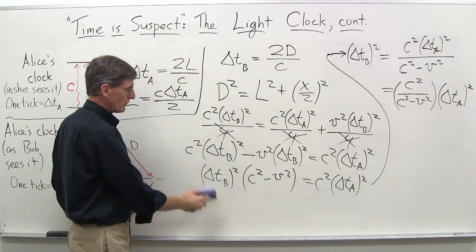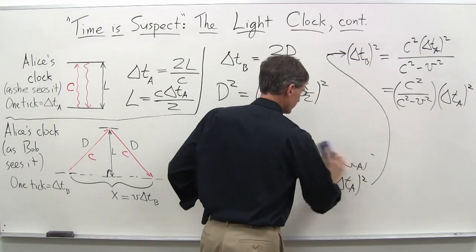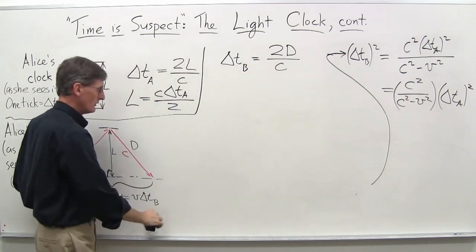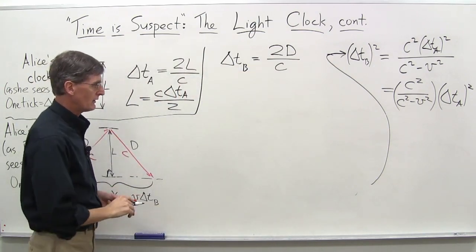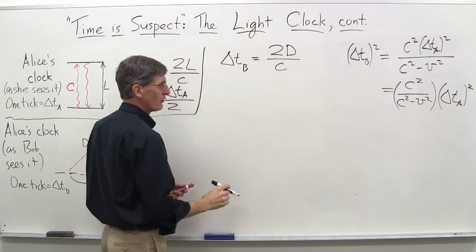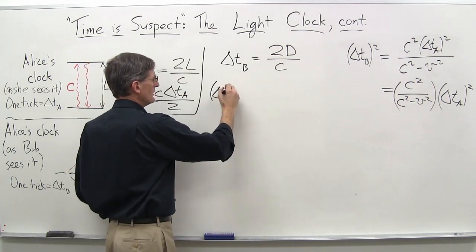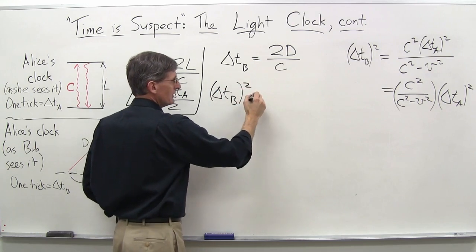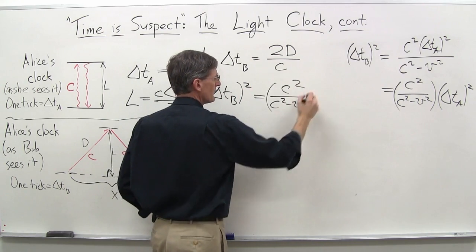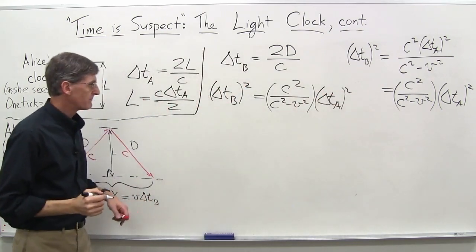So done all these manipulations here. We don't need this anymore either. We'll leave up our original delta tb there. And so let's bring it back to the center of the board so we can work with this. So we've got delta tb squared equals c squared over c squared minus v squared delta ta squared.